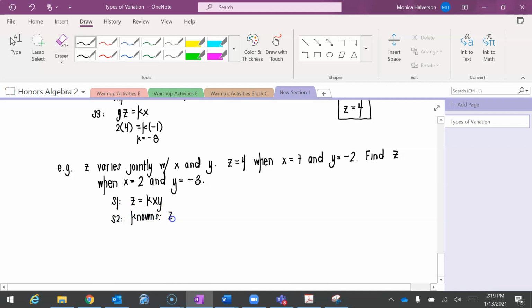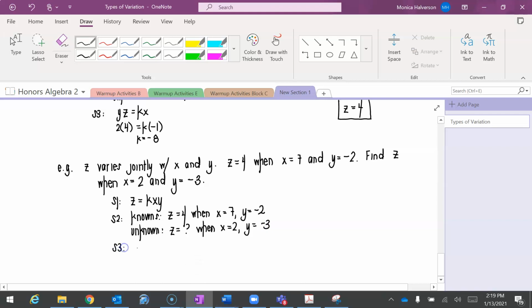Our knowns are z equals 4 when x equals 7 and y equals negative 2. And our unknown is we need to find z when x equals 2 and y equals negative 3.